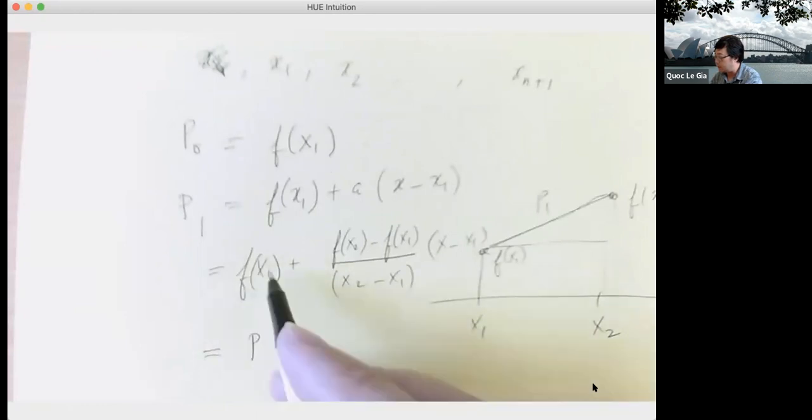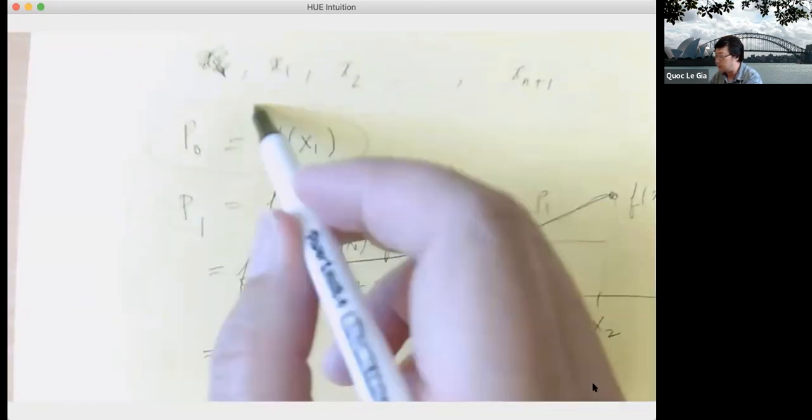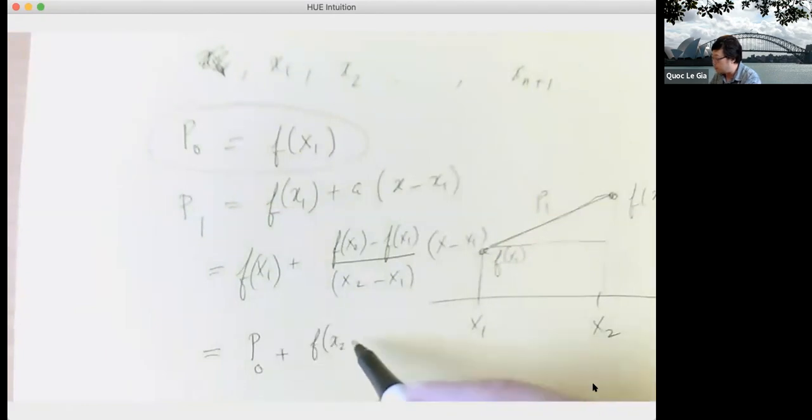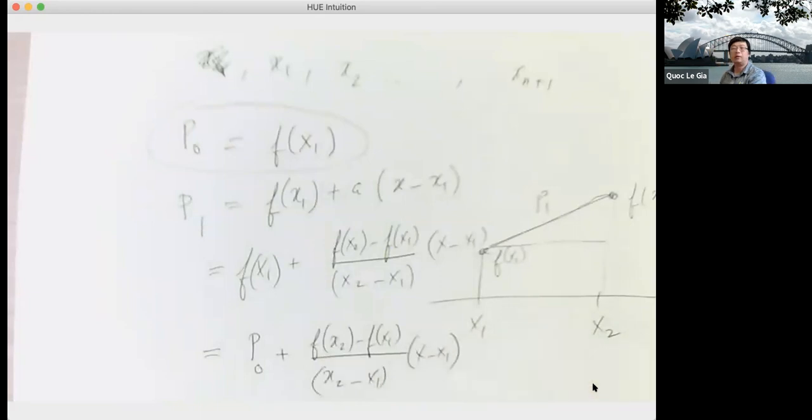Sorry, p0. Let's remember p0 is here. This one is p0 plus (f of x2 minus f of x1) over (x2 minus x1), times (x minus x1). Okay. It's just the equation of a line.